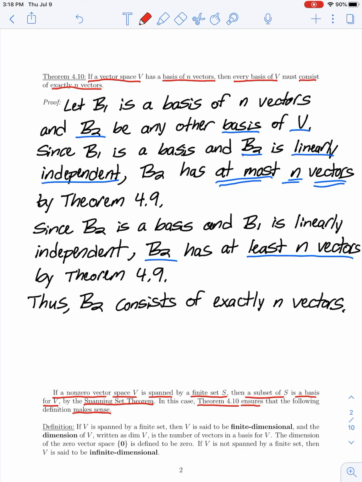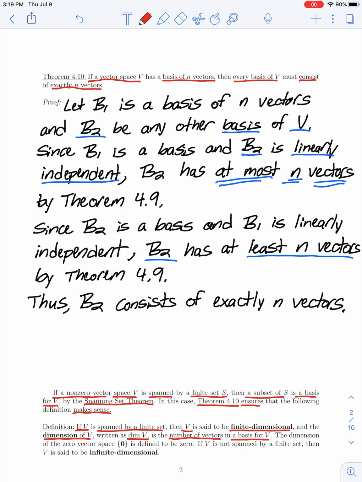So here, if we have some finite subset spanning our vector space, we know that every basis will consist of exactly as many vectors as that basis. So we can say if V is spanned by a finite set, then V is said to be finite dimensional, and the dimension of V, written as dim V, is the number of vectors in a basis for V.